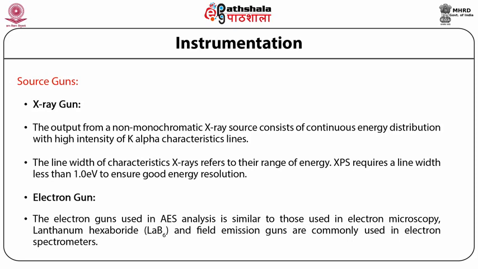Lanthanum hexaboride provides an electron beam of high brightness with spatial resolution of 200 nanometer. Field emission guns provide superior brightness and higher spatial resolution than lanthanum hexaboride, and also their emitting surface remains clean during operation without adsorption of gas molecules.